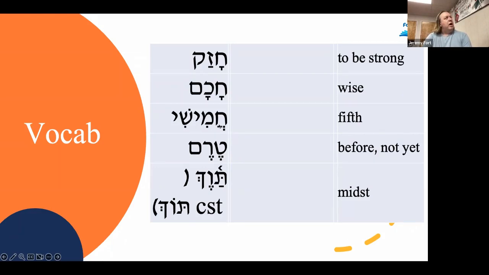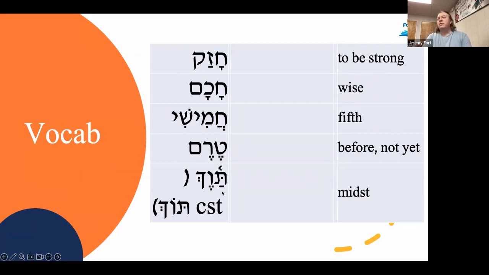And then chamishi, which means fifth, from chamesh, five. Terem means before or not yet. So this word shows up in some different forms here and there.